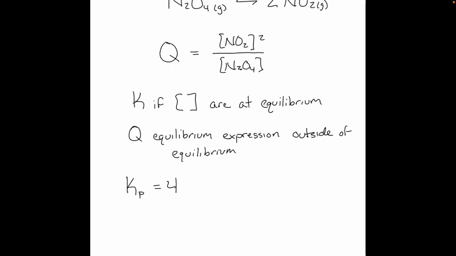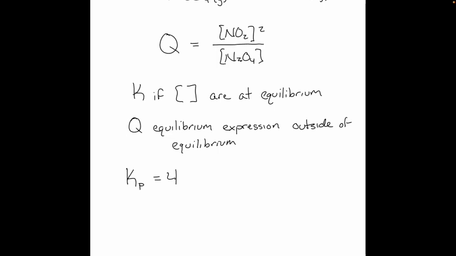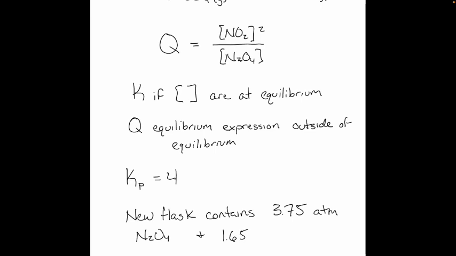Now I'm going to come up to a brand new flask here. And this flask contains 3.75 ATM of that reactant, the N2O4, and 1.65 ATM of the product, nitrogen dioxide.